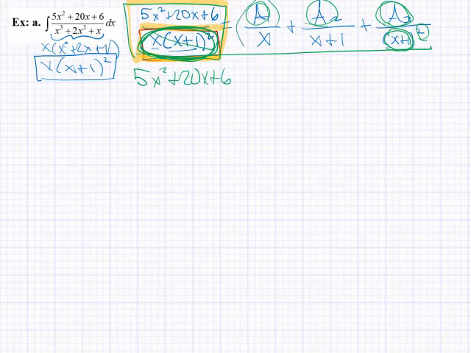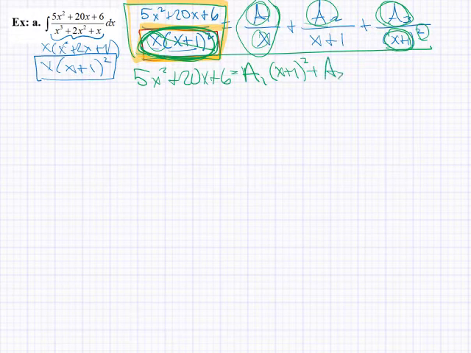If we multiply this fraction by the common denominator, the x's would cancel, and I would get a1 times (x plus 1) squared. If I do it for the next one, I get a2 times (x plus 1), and the last one would be a3 times x.